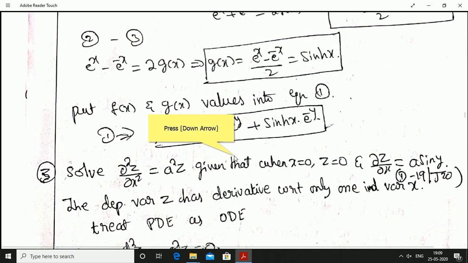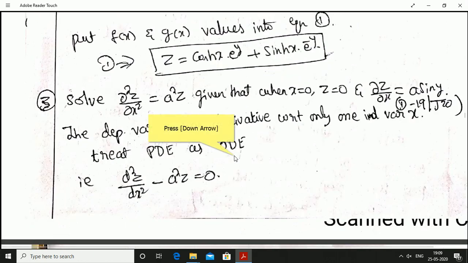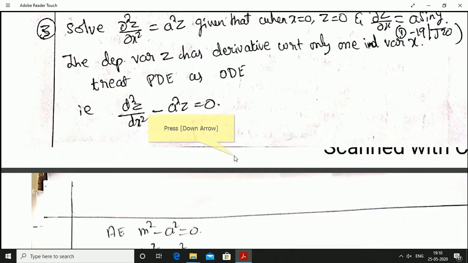We are obtaining the solution of the partial differential equation through the solution of the ordinary differential equations.